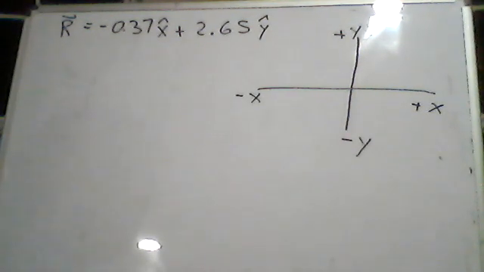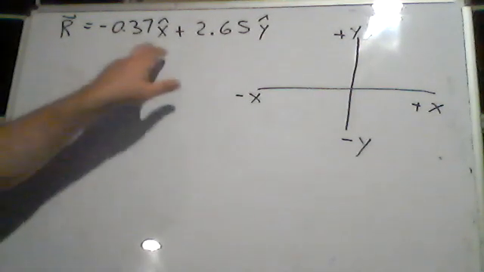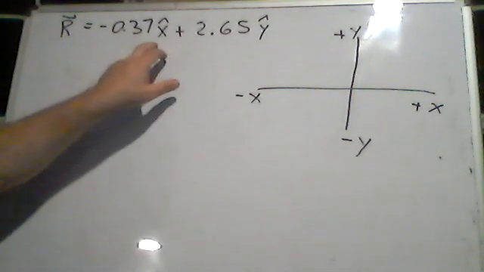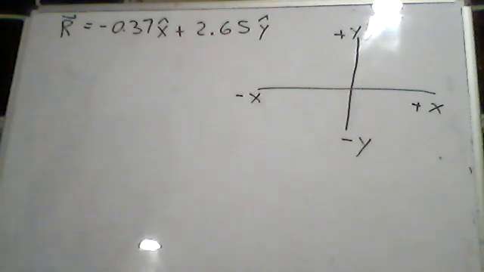B was straight up along the y-axis. C was in the second quadrant. Turns out that my final vector has a little bit of a negative x and a lot of positive y. And so something that has a negative x and a positive y, that's going to be a second quadrant vector.